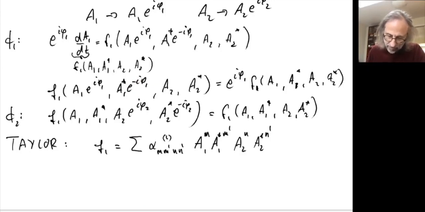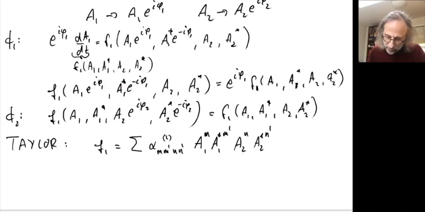So the shift means that on the left-hand side, a shift in phi 1 makes a factor e to the i phi 1 on the left-hand side. And inside here, we have also each A1 gets shifted by a phase.